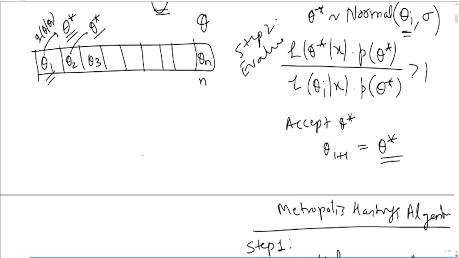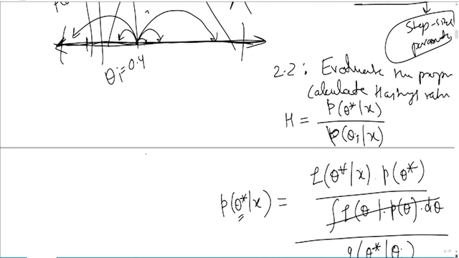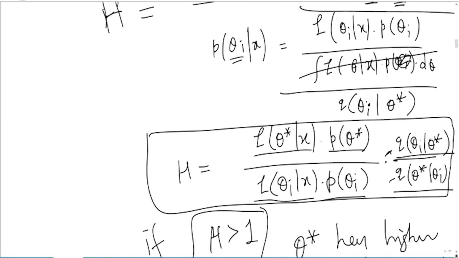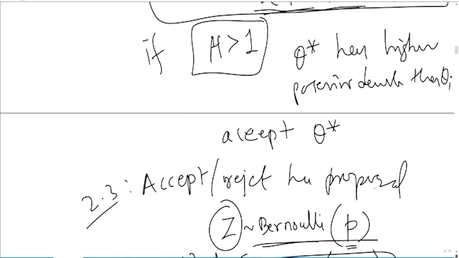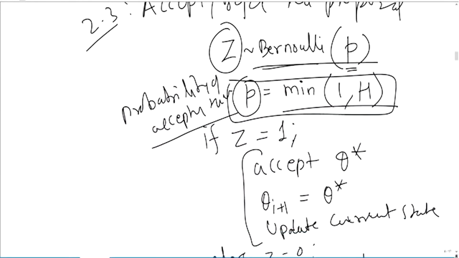Once we have generated proposals, we evaluate the proposal using the Hastings ratio, where we take the ratio of the posterior density of our new proposal and the posterior density of the current state of the chain. If this ratio is greater than 1, then we accept theta star. So we take this decision using this criterion. We calculate a probability of acceptance, which is the minimum of 1 and H. So if H is greater than 1, this probability of acceptance is always 1. If H is less than 1, then the probability of acceptance is H. Based on this probability of acceptance, we generate a decision criterion from a Bernoulli distribution.